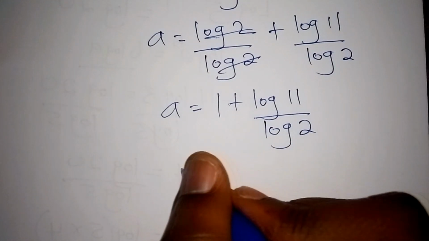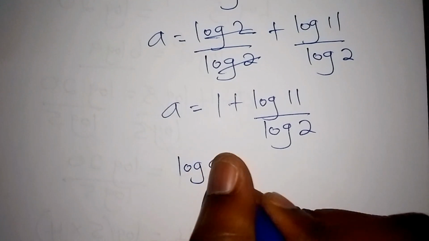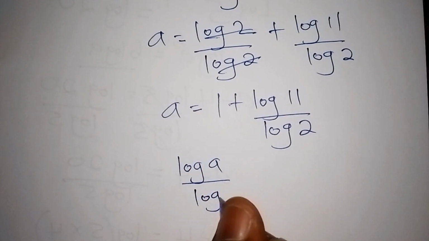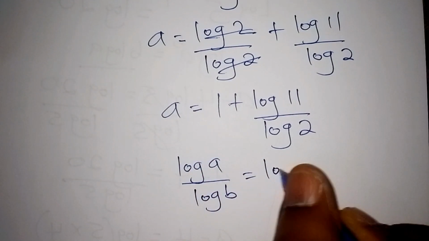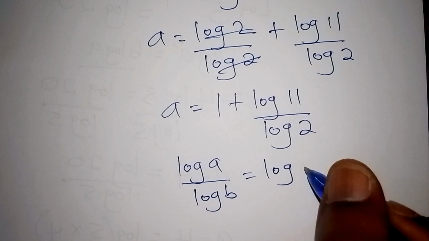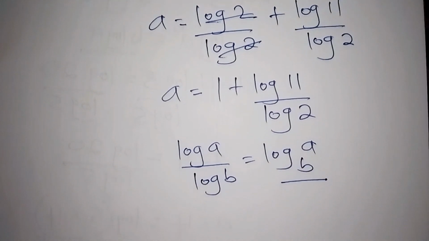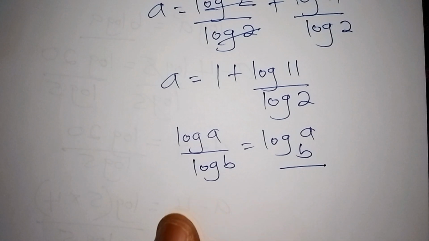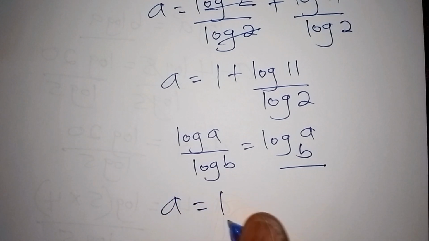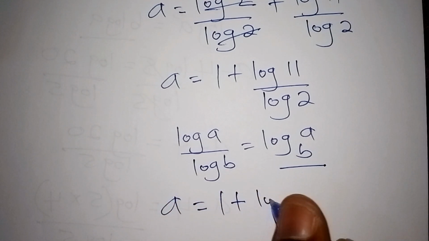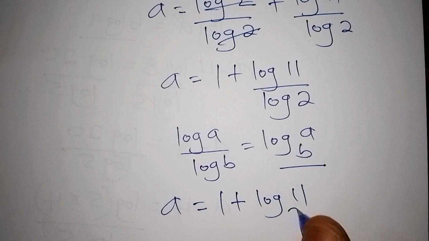When we have the log of a all over the log of b, we can express it as the log of a to the base of b. So finally we conclude that the value for a is equal to 1 plus the log of 11 to the base of 2.